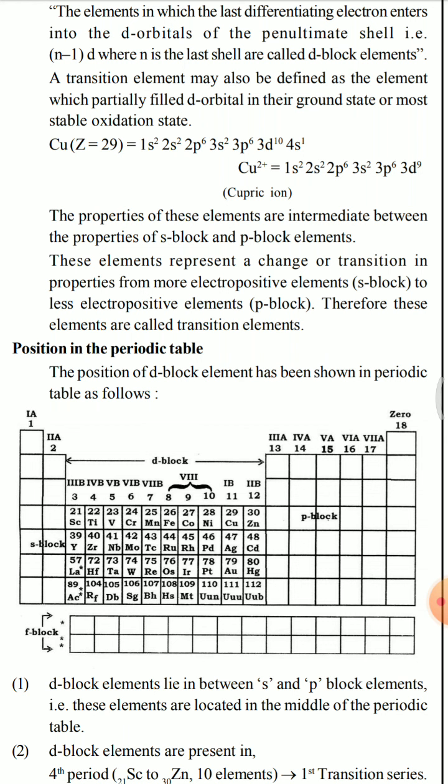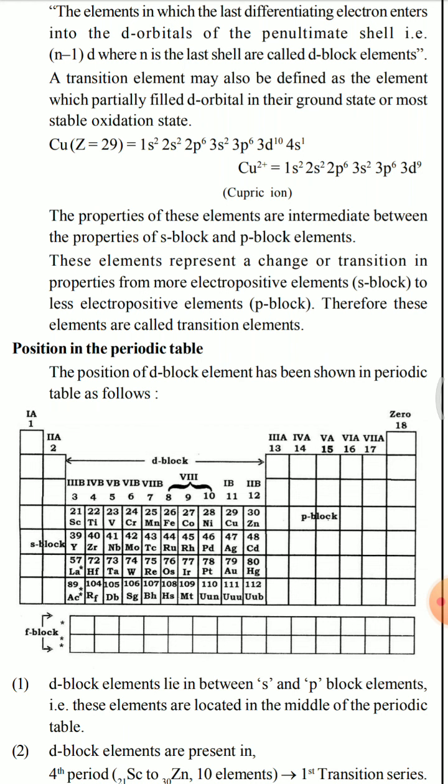D block elements are also called transition elements because they exhibit transitional properties between S and P block elements. They form the bridge between S and P block elements. They have characteristic transitional properties of S block and P block elements.